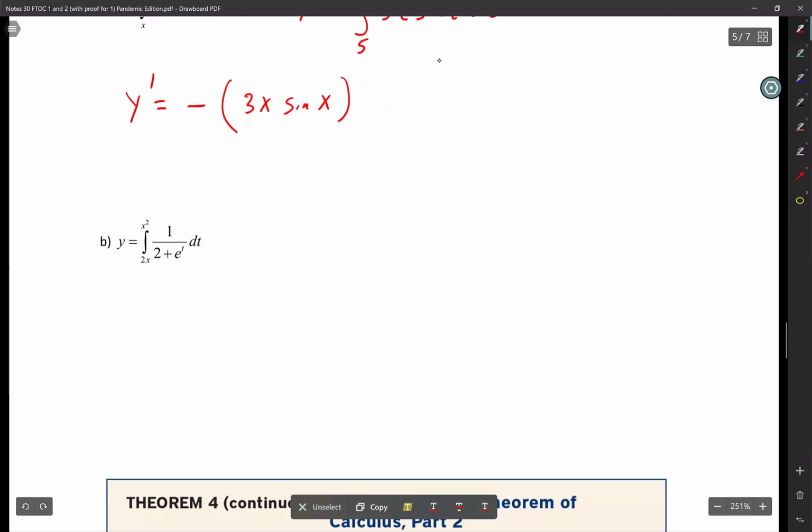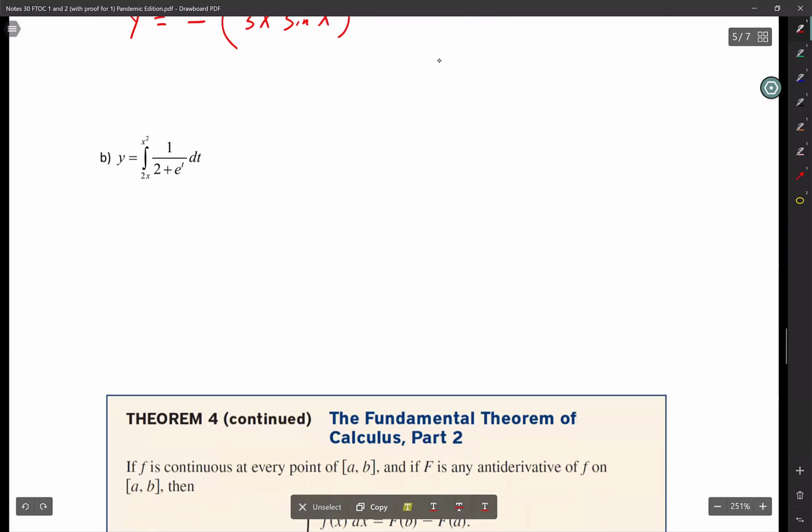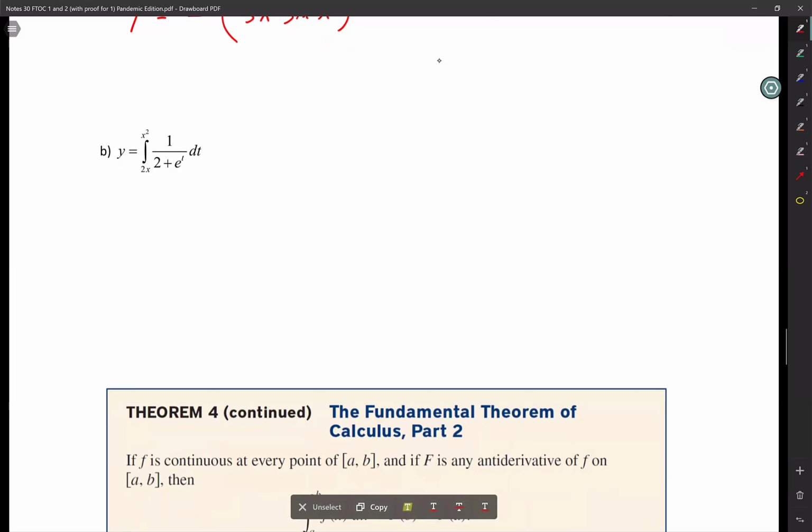Uh-oh, look at the bottom. Look at letter B. Don't worry, guys. We're going to talk about it. Do I have a constant at the bottom? No. Break it up into two integrals like this. The lower limit has to be 2x. And I would use a letter to indicate a constant. So I would say a.